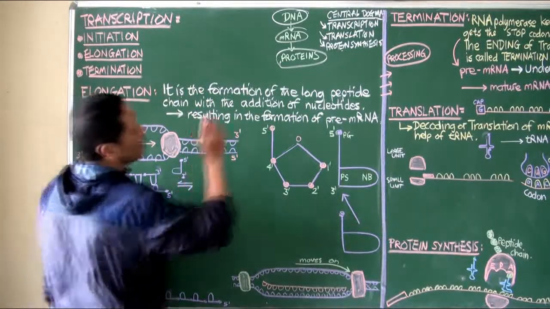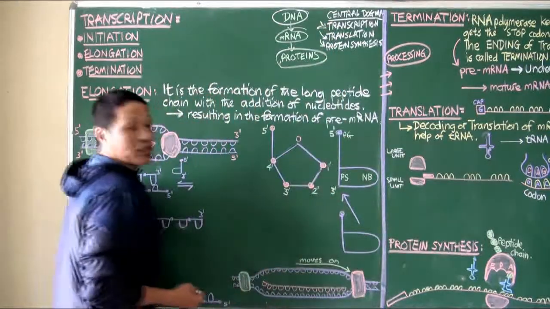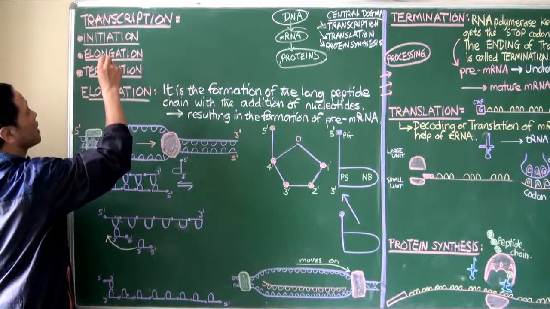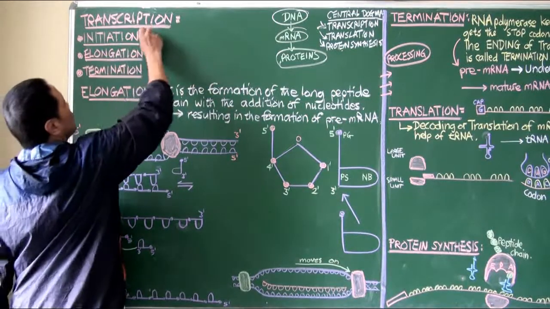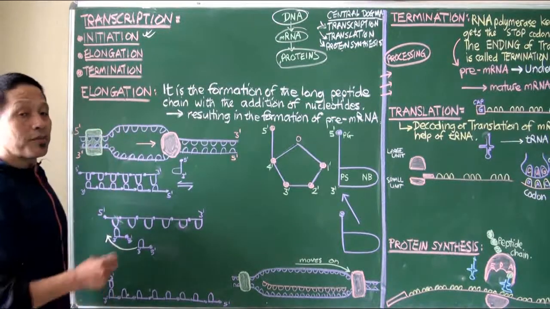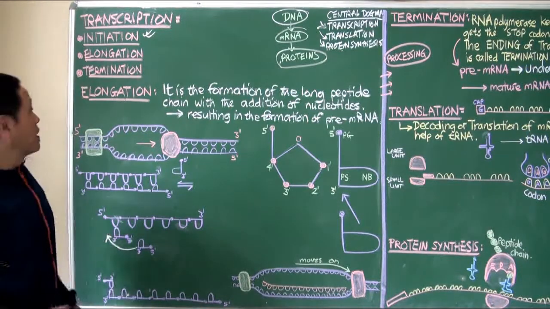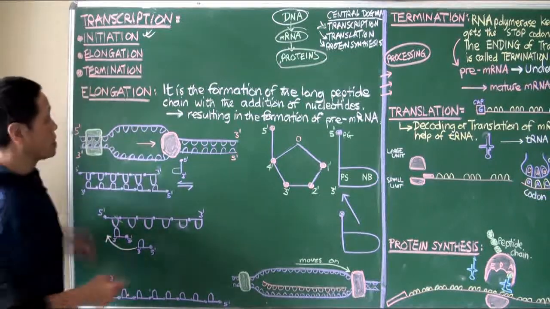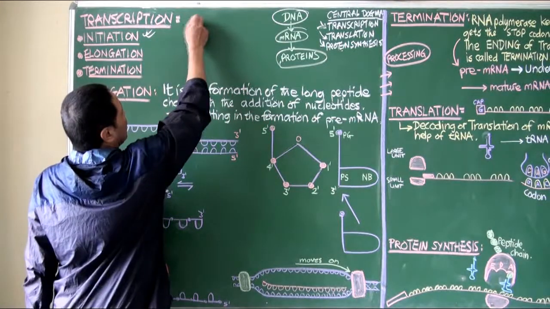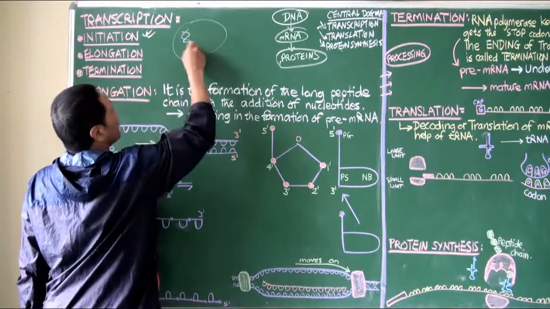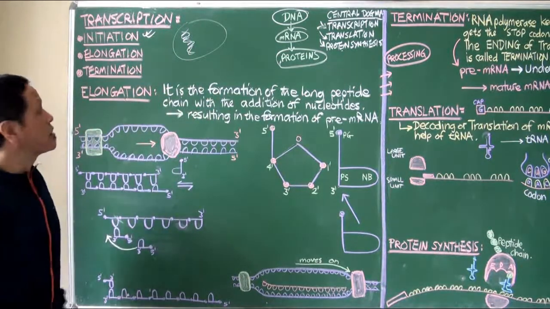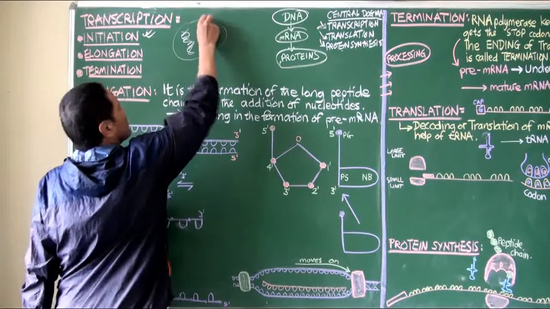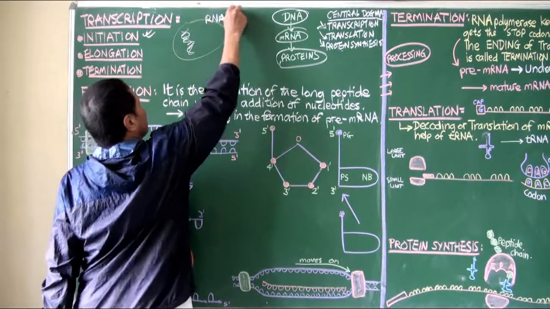So we started with transcription, and transcription consists of initiation, elongation and termination. This we've done in a previous video. Today we shall be dealing with elongation. What we saw in initiation was that the DNA inside the nucleus is fixed with an RNA polymerase.